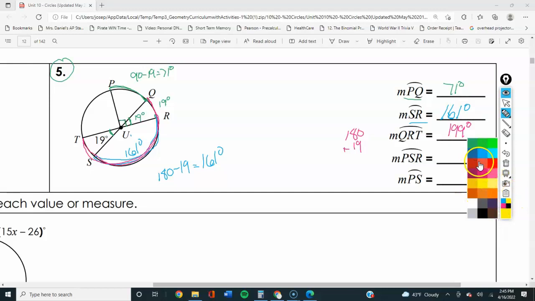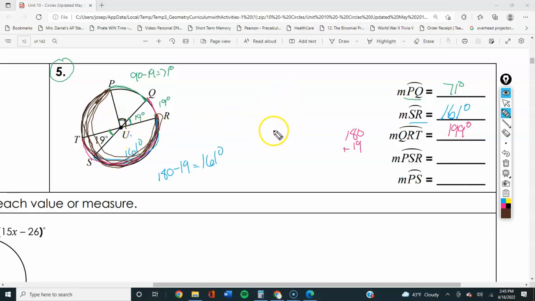What's a good color here? Brown? PSR. So let's find PSR. Oh, this is a big one right here. You guys see this PSR? I'm just going to color it all in. Alright. Now PSR, I could start adding up stuff. But right away I see this 90-degree angle.